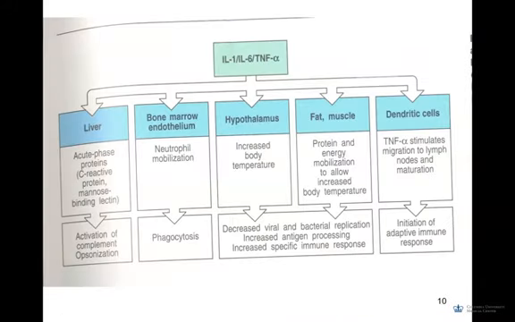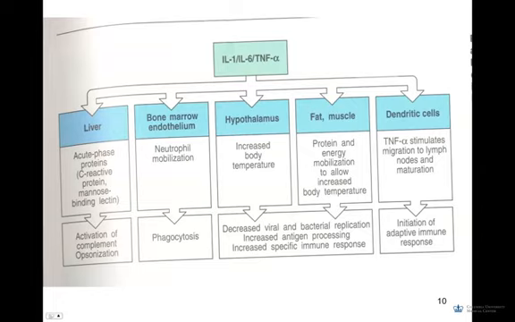So let's look at a little bit more detail of the actions of these cytokines. So these are the key target organs for these cytokines. As I mentioned, the liver, bone marrow, endothelium, hypothalamus, and then there's two others that I didn't mention, but I will right now, which is fat and muscle and the dendritic cells in our body.